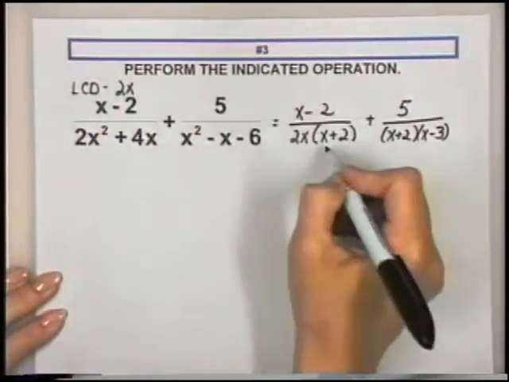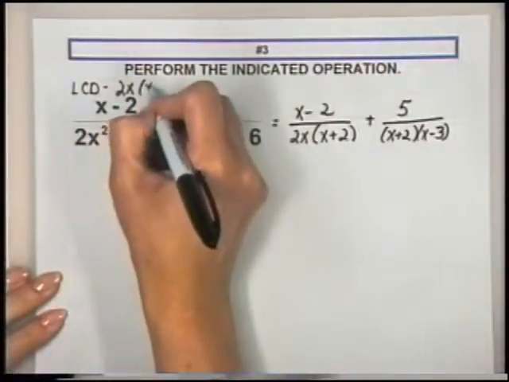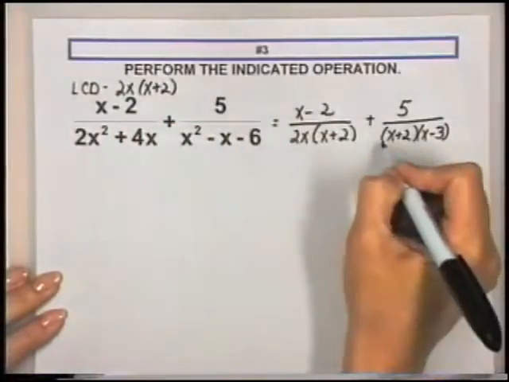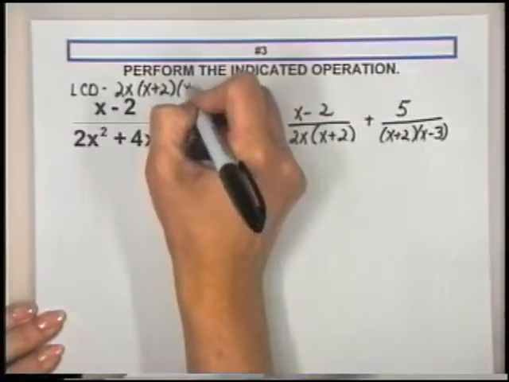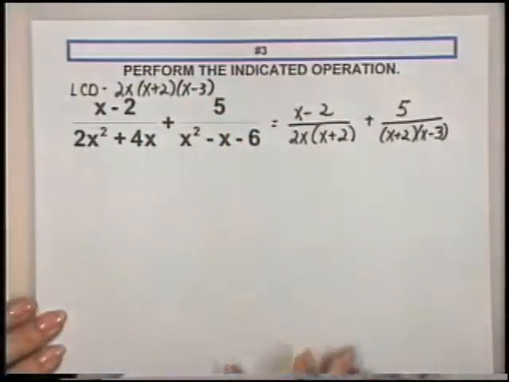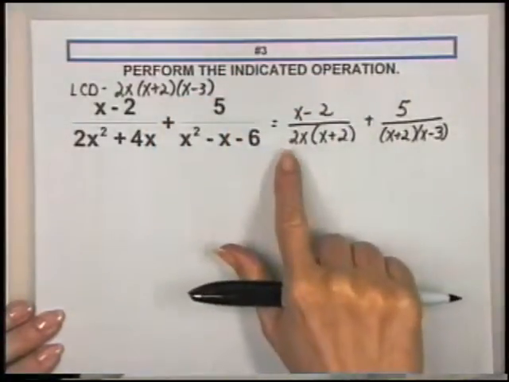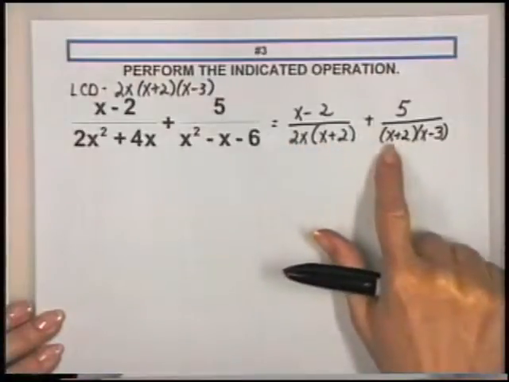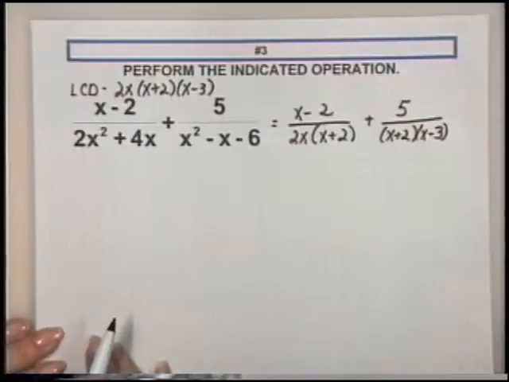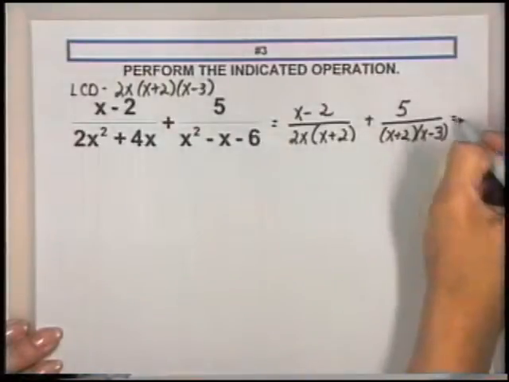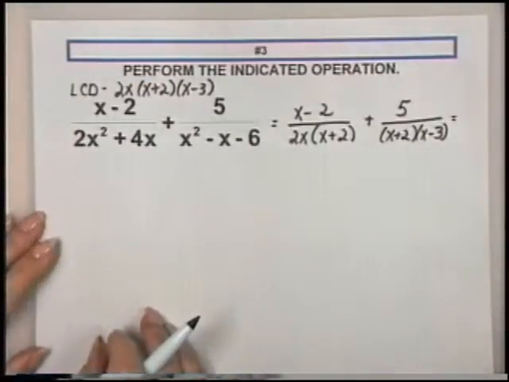I have a numerical factor of 2, a variable factor of x, a variable factor of x plus 2. I've already used the x plus 2, and I have a variable factor of x minus 3. Each of these factors, 2, x, x plus 2, x minus 3, is raised to the first power, so I only need to use them raised to the first power for my LCD.